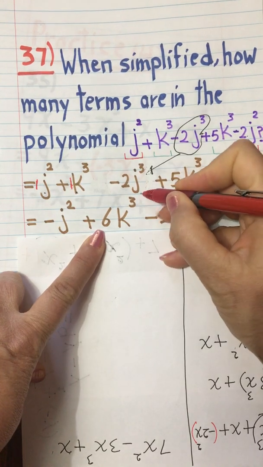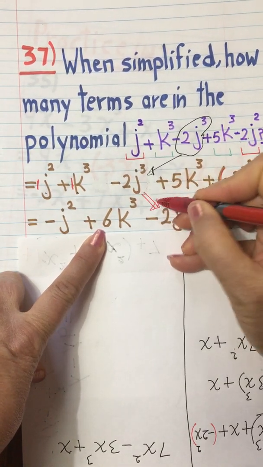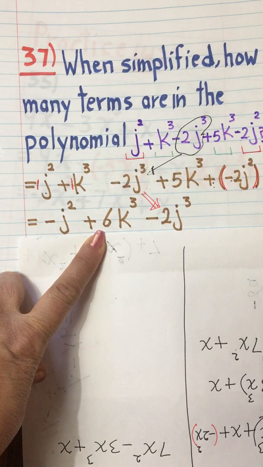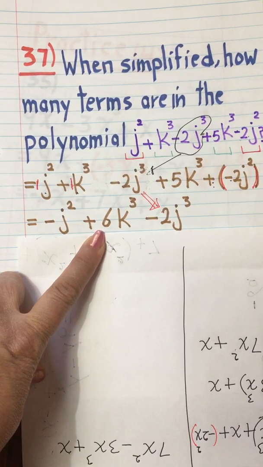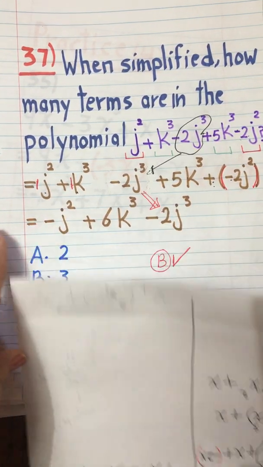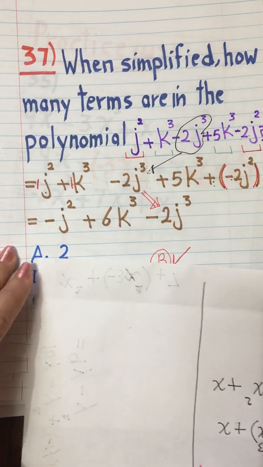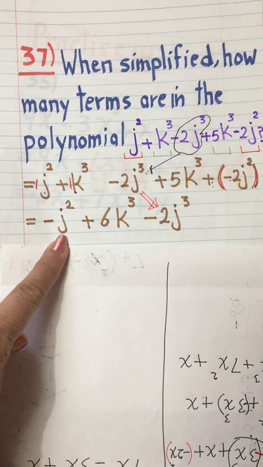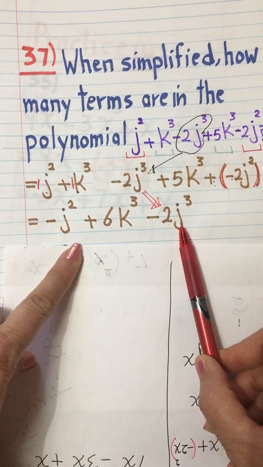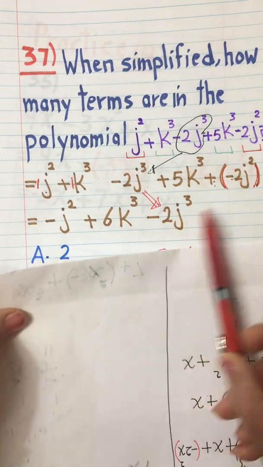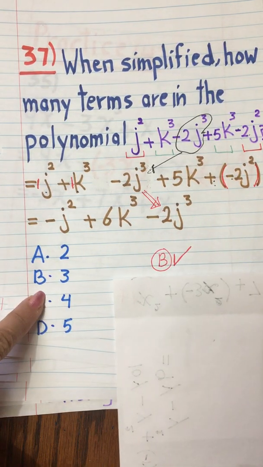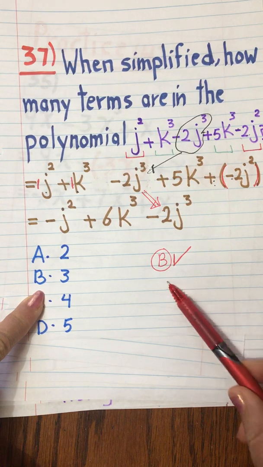And I can write the third term without any change. So how many terms do we have now? 1, 2, 3. We have 3 terms, so the answer is B. B is the correct answer.